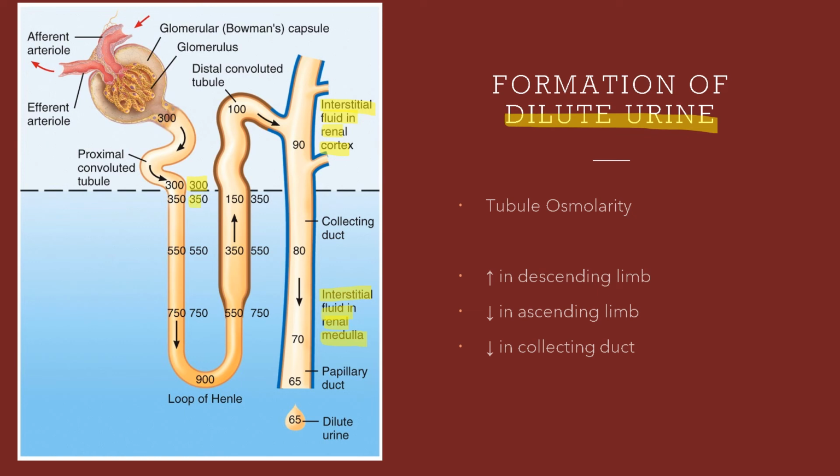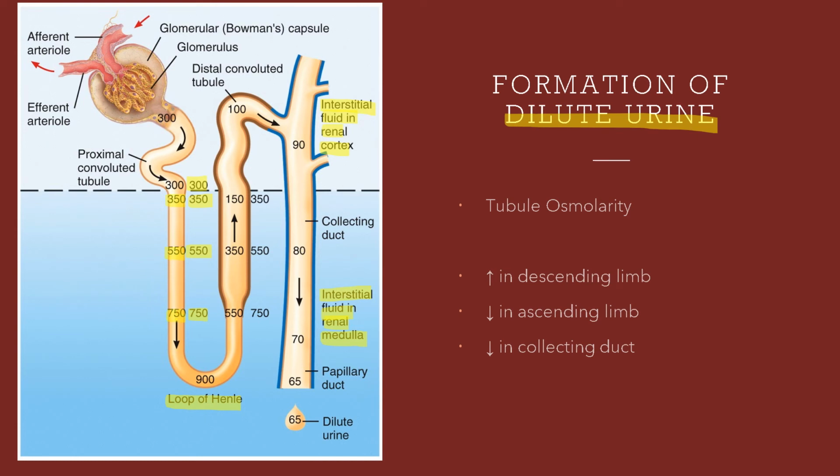So you can see here we're starting at 350 and we get more concentrated as we go deeper. And because of this, more and more water is reabsorbed by osmosis as the tubular fluid flows along the descending limb toward the tip of the nephron loop down here. So here we're going to get more and more water reabsorbed.